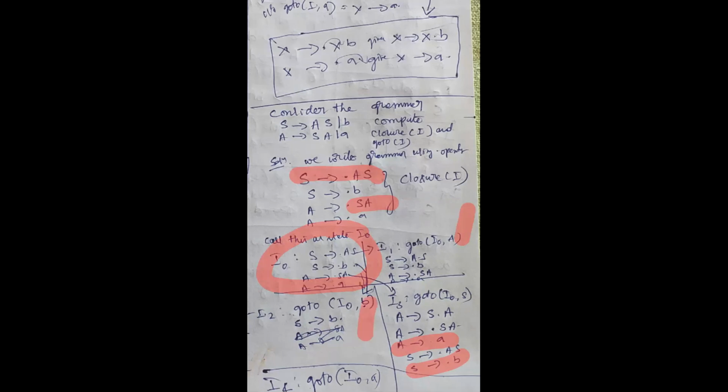Whenever dot is present before S, whenever there is a dot before S, definitely use it. If any S is present, that means after the dot any non-terminal symbol is present, it has to be expanded immediately. See here also, after S dot A, we again have to expand. Therefore, we'll go on considering the A.